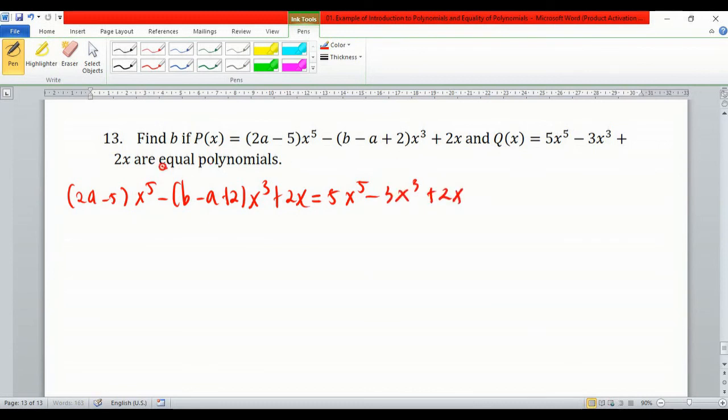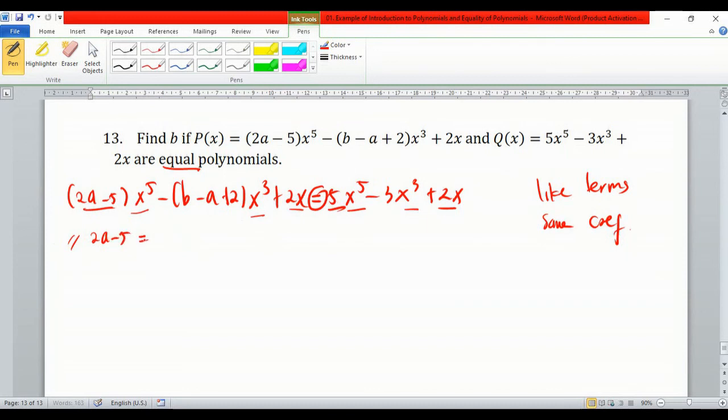Remember that they are equal, so we can use the equal sign. Look again, they have the same terms. This is the same term, same term, same term. So we can say these are like terms, and because they are equal, they should have the same coefficient, right? Same coefficient.